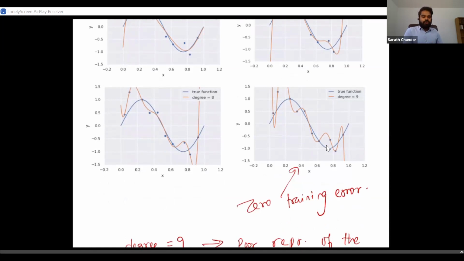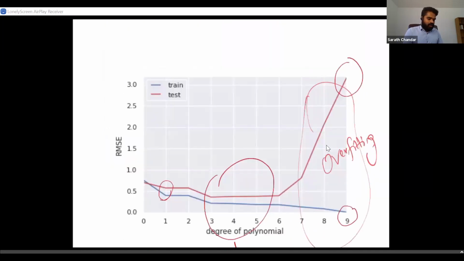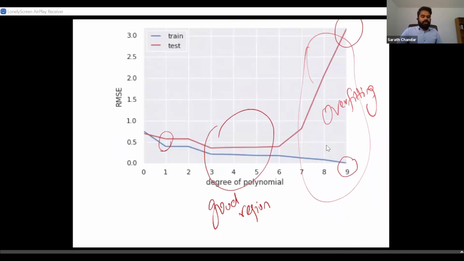When you use this function to make predictions for an unseen example, it's going to perform very badly, which is known as overfitting. We found that as you keep increasing the degree of the polynomial, at some point, in this case at degree equal to 9, you have 0 training error but very high test error, right? So there is a good region, which is degree 3, 4, 5, 6, but after that your model starts overfitting, right?